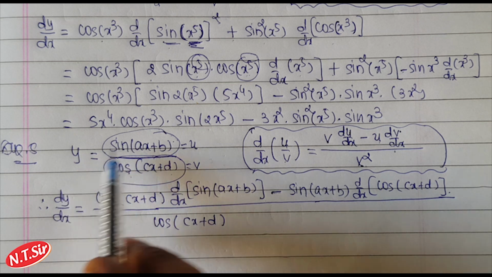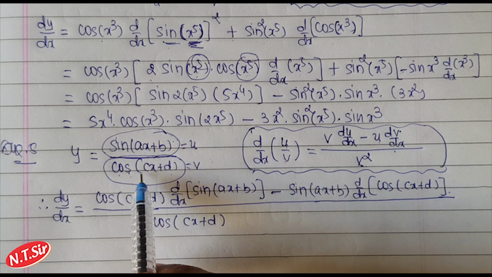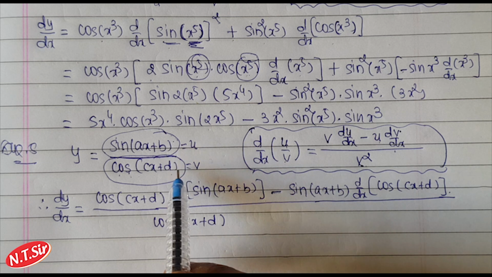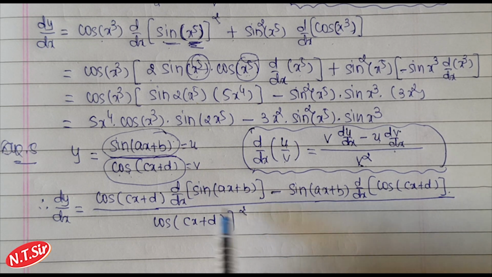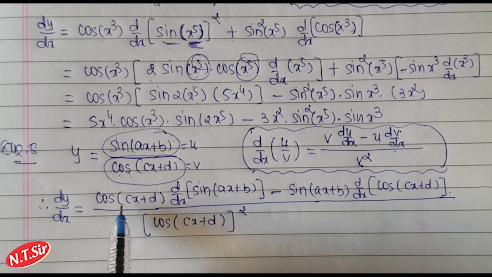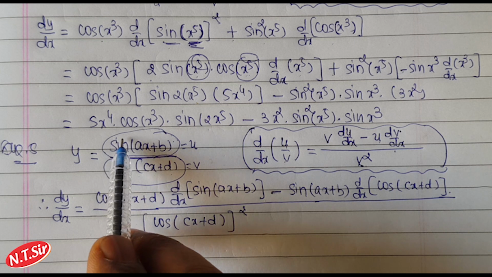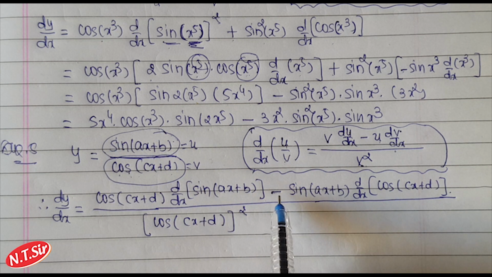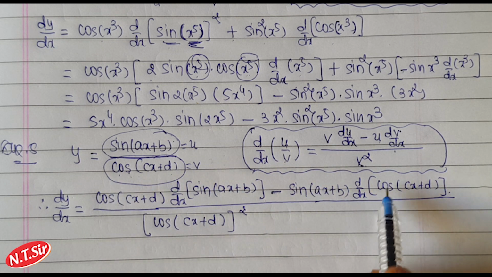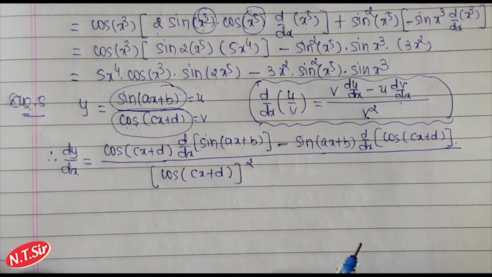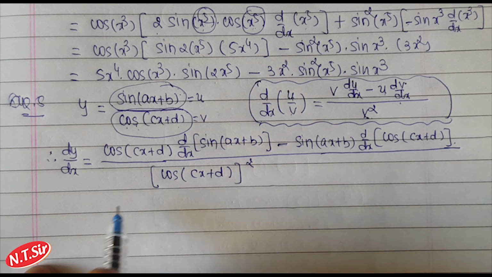Derivative of y is equal to sine(ax plus b) upon cos(cx plus d), that is u upon v. So first denominator square, that is this cos(cx plus d) whole square, denominator as it is, derivative of numerator minus numerator as it is, derivative of denominator. Now one by one differentiating these.